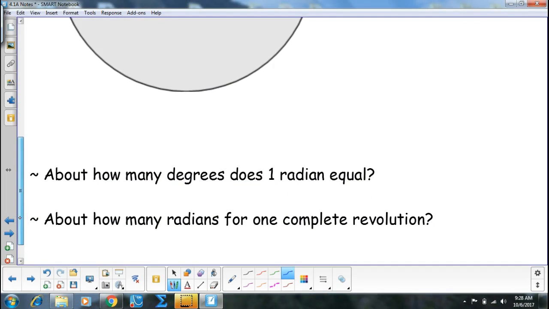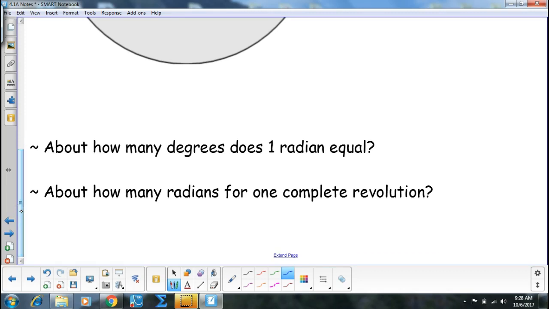So how many degrees is 1 radian equal to? We just did that. It's 57.3 degrees, we'll call it. And how many radians to get all the way around? 6.28, which we call 2 pi.